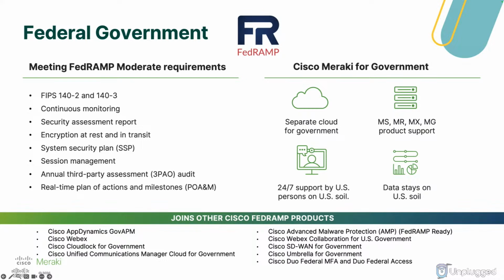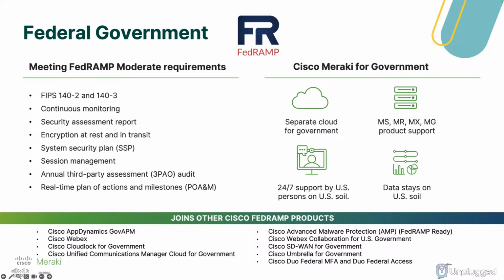The cloud itself, what do we do? We operate our Meraki for Government Cloud similar to how we operate our Meraki Commercial Cloud, in the sense that we operate it ourselves. So it's our cloud, our hardware that we're running in two disparate locations across the US.